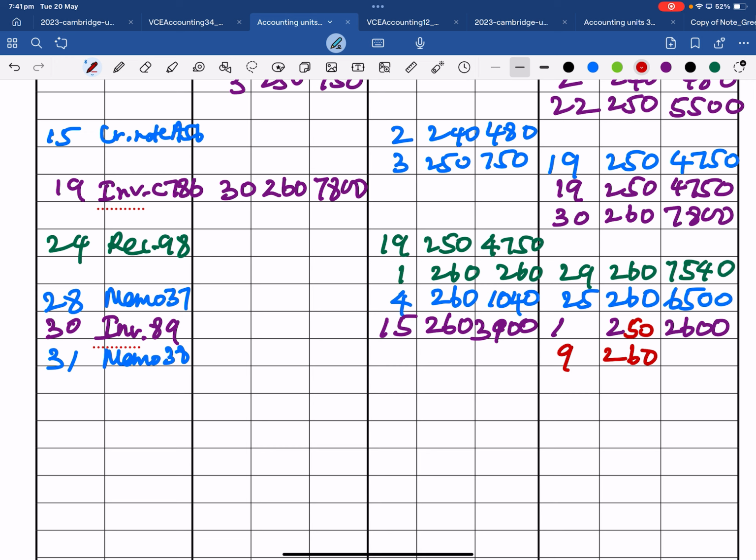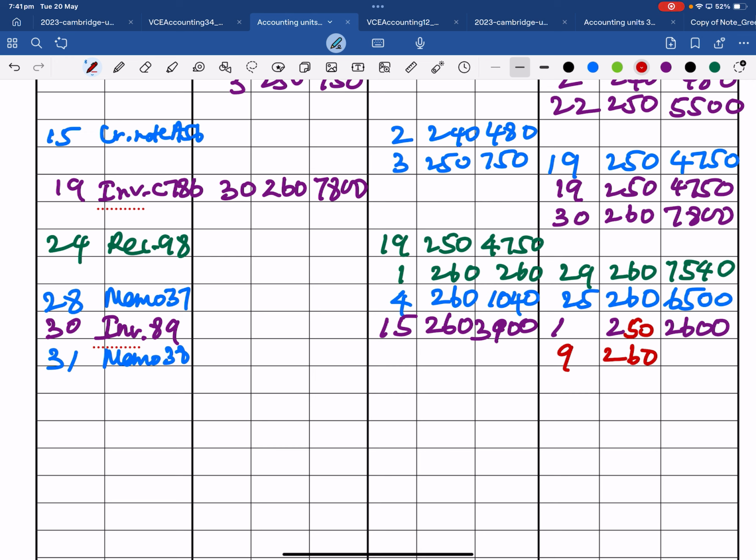One at 260, one at 250. Yes, that's correct. Why? 250 came first. Very good. When we lose inventory, we assume the first inventory is the one that has been lost. Make sense? Good.